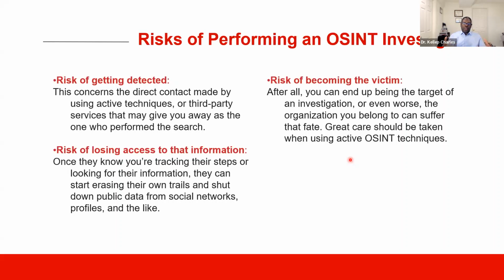If you're looking into a particular organization or a particular situation, and they see that you're coming from xyz.gov or XYZ law enforcement organization, basically there's a risk of getting detected, and whatever activity was being performed will be stopped.